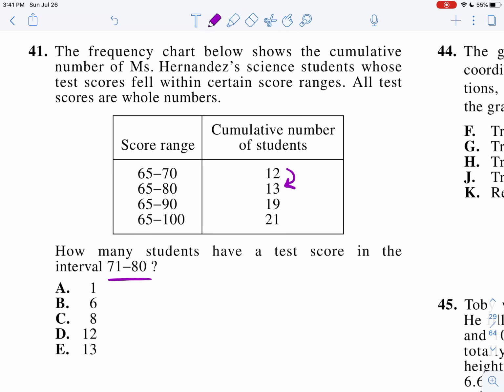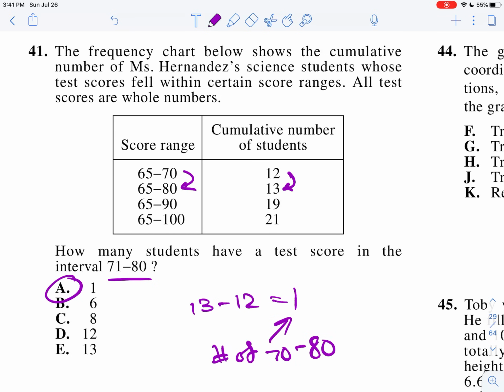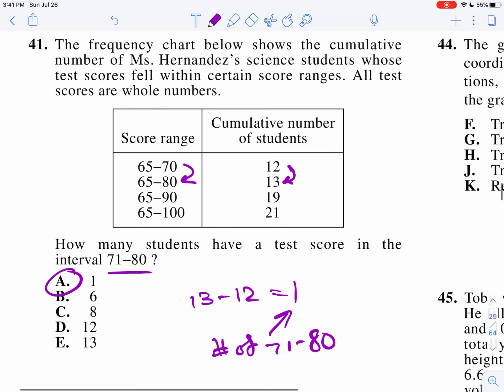Because the only difference between this and this is the students that are in that 70 to 80 range, right? Because we increased our threshold up to 80 from 70. So we can just find the change to go from there to there, and we see that the value is just 1. 13 minus 12. This is just the number of people, 70 to 80, or 71 to 80, whatever it is. That's the idea. You're looking for the difference in the values.